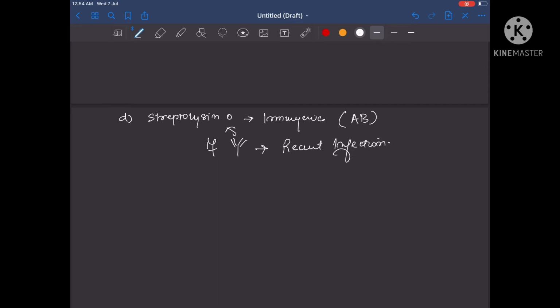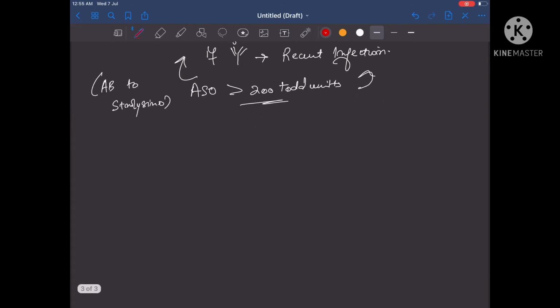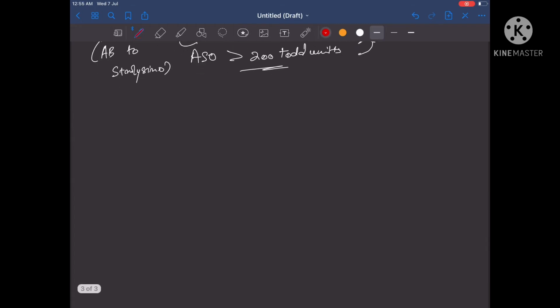For example, clinically you can say ASO greater than 200 Todd units signifies a recent exposure. And ASO is just an abbreviation for antibody to streptolysin O. So with that, our virulence factors are over. In virulence factors we discussed exotoxins, enzymes, MTR proteins, and streptolysin O.